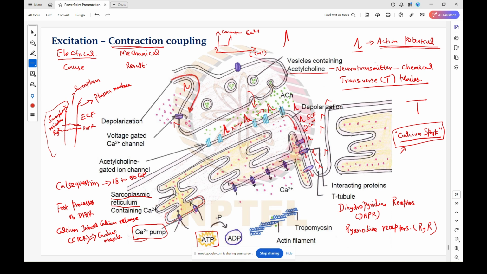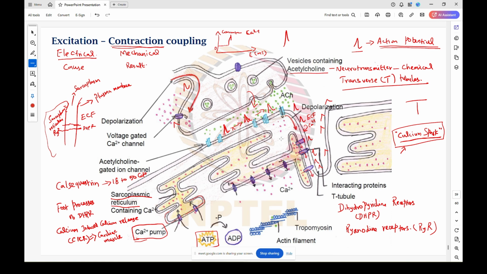This won't happen in skeletal muscles, but in cardiac muscles there is one kind of calcium channel called L-type calcium channels, so calcium ions can be present in the extracellular fluid as well, apart from the sarcoplasmic reticulum.